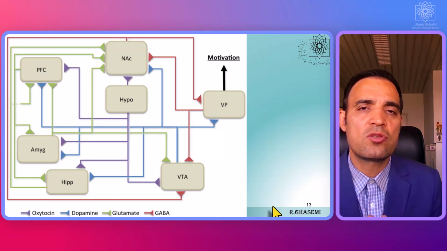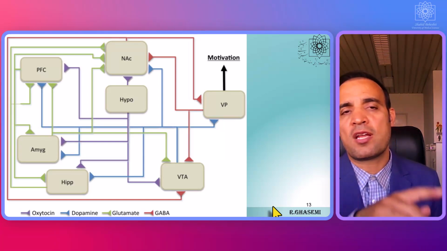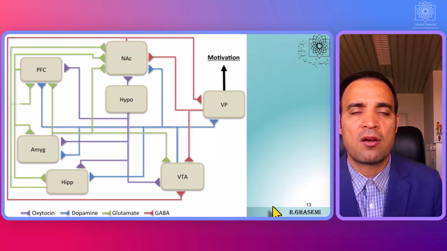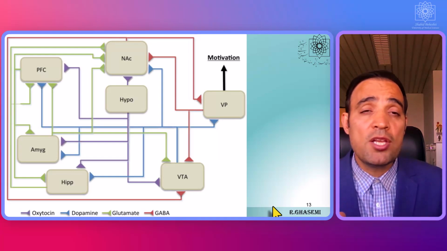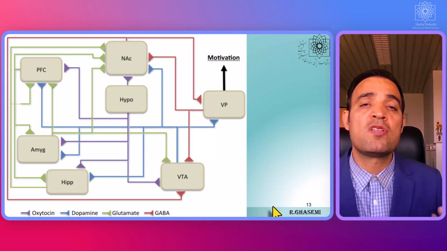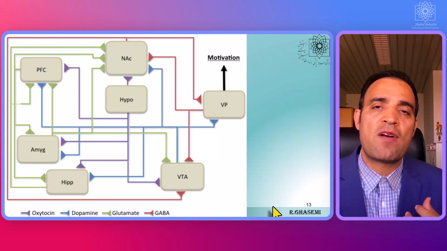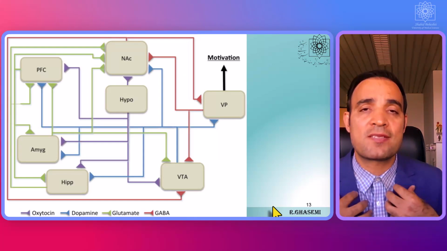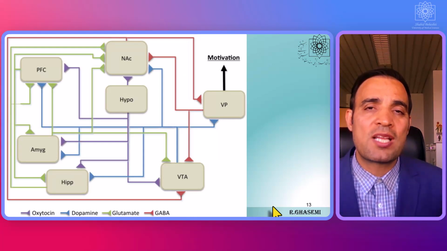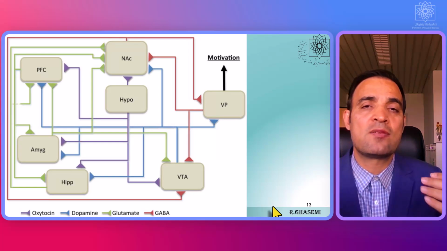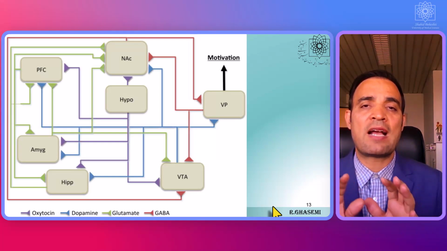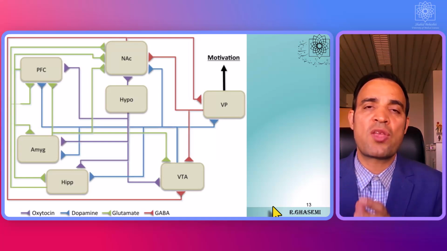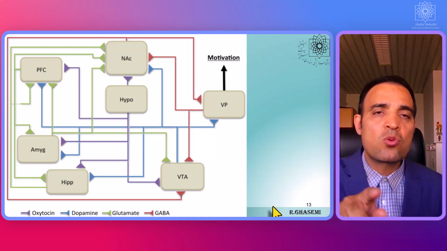I want to share a figure about the circuits that are involved in the regulation of our motivation system, our reward system. Factors that affect our brain and stimulate our reward system, our pleasure system, factors that affect our motivation to do something, are passing through these nuclei.